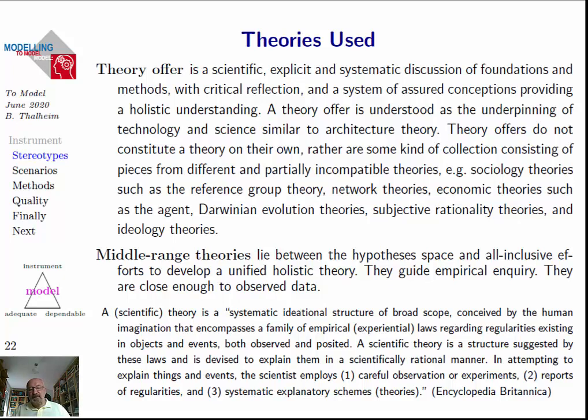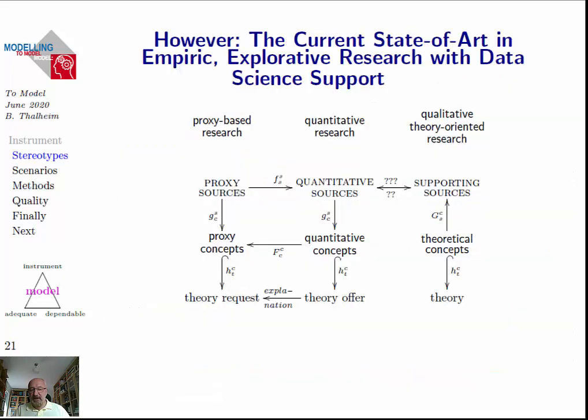That means in this case we might use our understanding that a theory offer is somehow considering the theories behind on the basis of some cutouts. That means we might use models to represent what is observable in the quantitative world and what can be considered in our qualitative world.